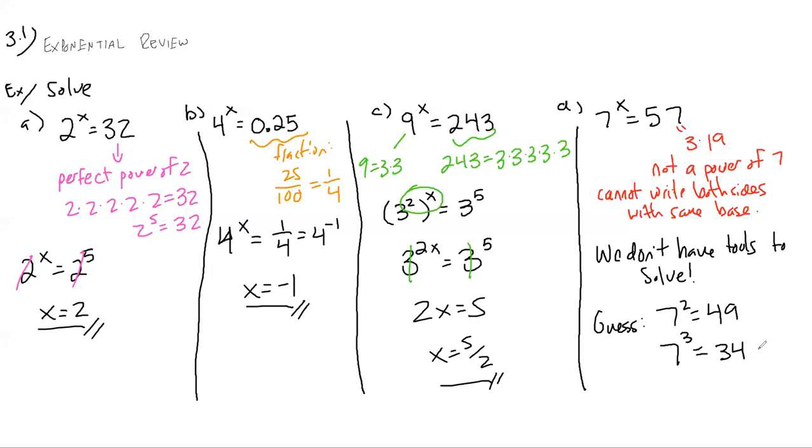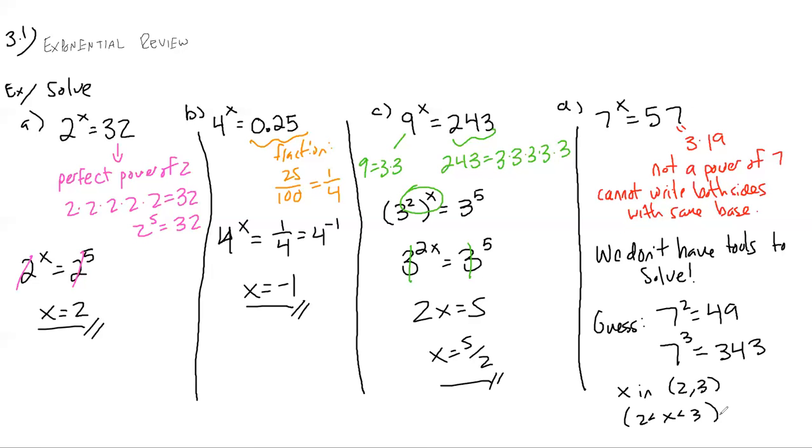Yeah, 50 times 7 minus 7, so 343. So I know that x is somewhere between 2 and 3. I'll write that as an interval, or if I wanted to write it as inequalities, I could write it like this. I know that much, somewhere between 2 and 3, but I'm unable right now to narrow it down any better than that without horrible computational techniques of trial and error. I don't want to do anything more than that.